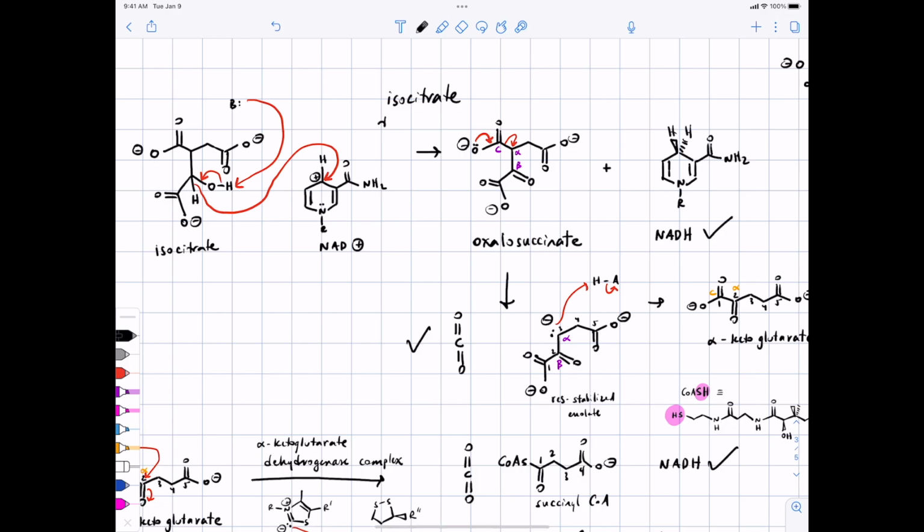Yes, because it's an oxidation reaction. You're dehydrogenating the OH group there to make a ketone. Okay, good. Yeah, isocitrate dehydrogenase. Okay, what else?